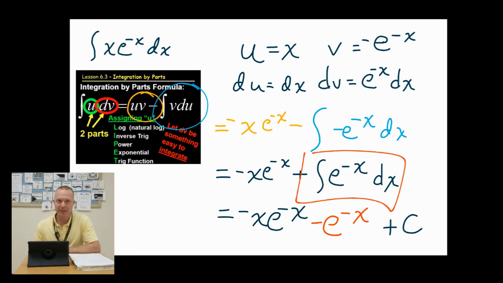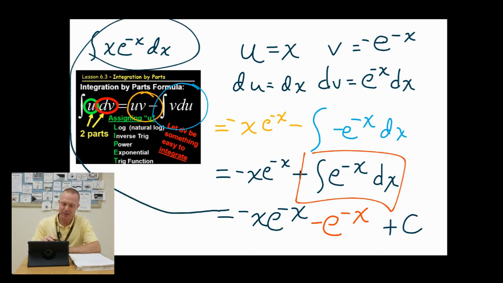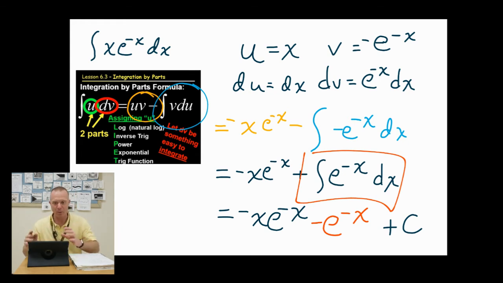Okay, now we are doing the product rule backwards. If I decided to, I could do the product rule forwards, and you would see that I go back to the original problem. I'm not going to spend the time checking that right now, but just keep in mind that's the forward and backwards of these problems.